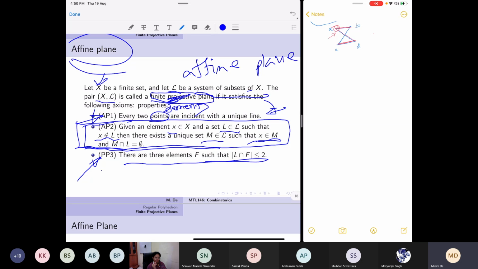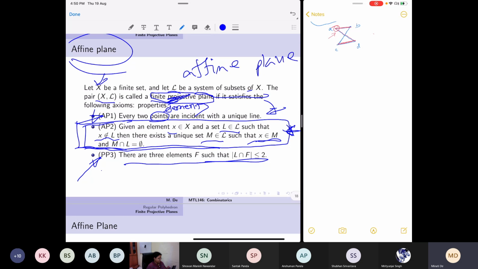If there exists one point which doesn't lie on a line, then you can find one line passing through that point which is parallel to this line. That's the extra, different property compared to the finite projective plane.